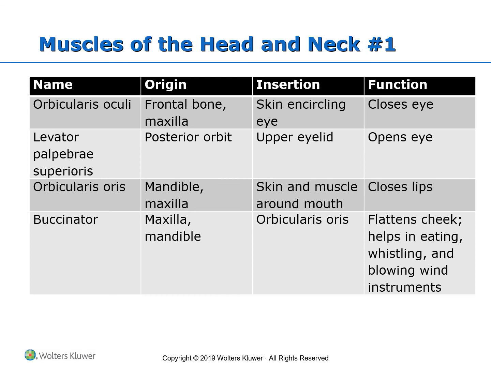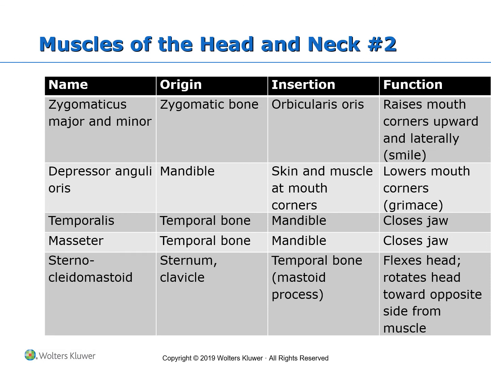This table will summarize some of the muscles of the head and the neck with their origin, insertion, and functions. Continuation of muscles of the head and neck, with name, origin, insertion, and function.